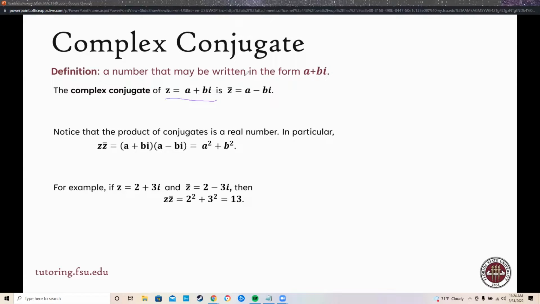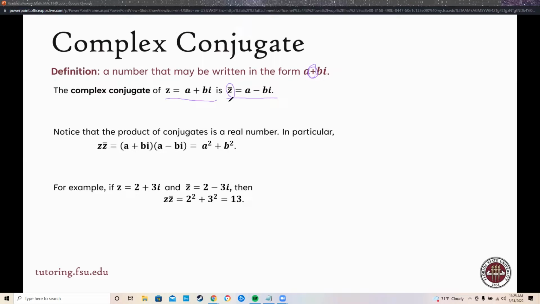To take the conjugate means to just flip whatever sign is in the middle of your complex number. So if I have z equal to a plus bi, then the conjugate of z, which we'll call z bar, is equal to a minus bi.